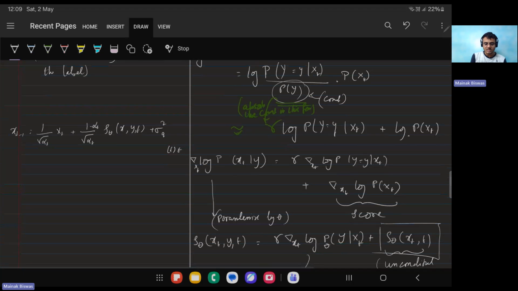So now this is just changing this to two terms, right? Your score just changed to score of x, y, t because it's conditional generation, but that is essentially doing conditional inference.